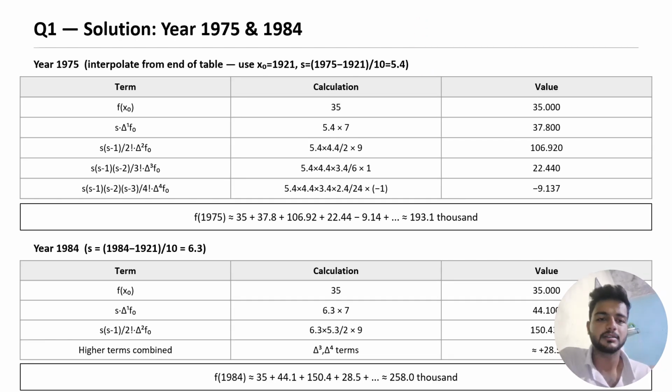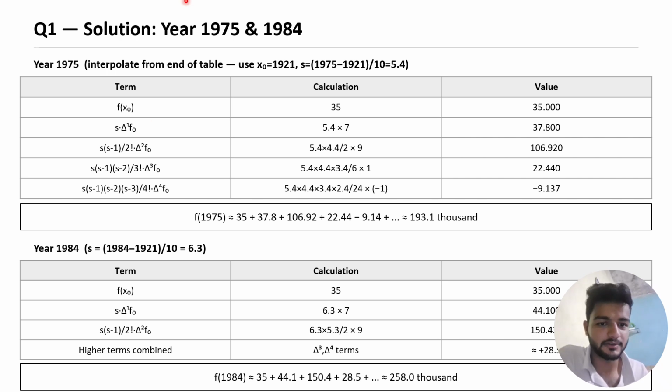Another part of the question is to find the value at 1975. For 1975, we'll use x0 equal to 1921 and s equal to 1975 minus 1921 divided by 10, which is 5.4.